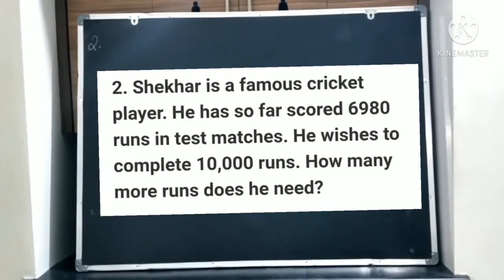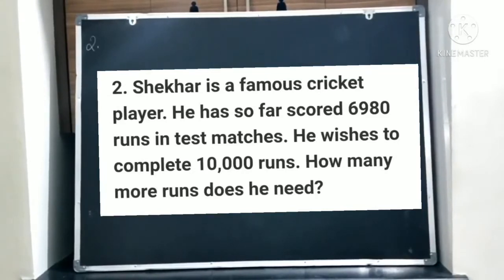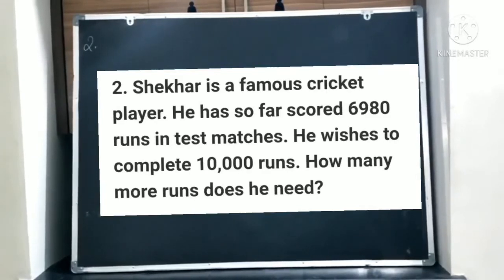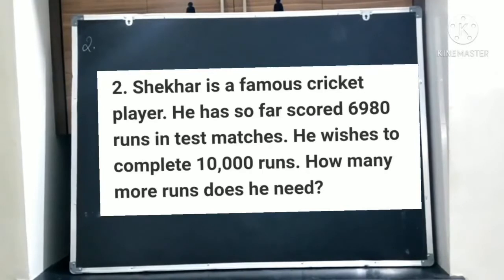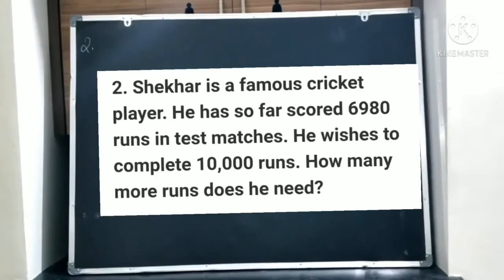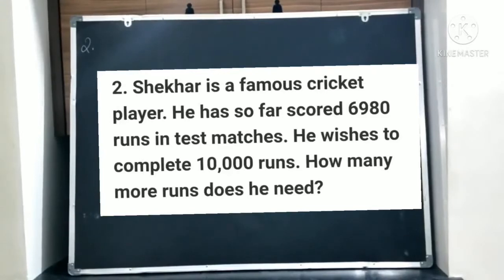So we can write the step: runs Shekhar wants to score is 10,000. Next number is runs scored so far, which is 6,980. So how many more runs does he need? What step do we write? More runs required. Operation is subtraction. Okay, let's write.